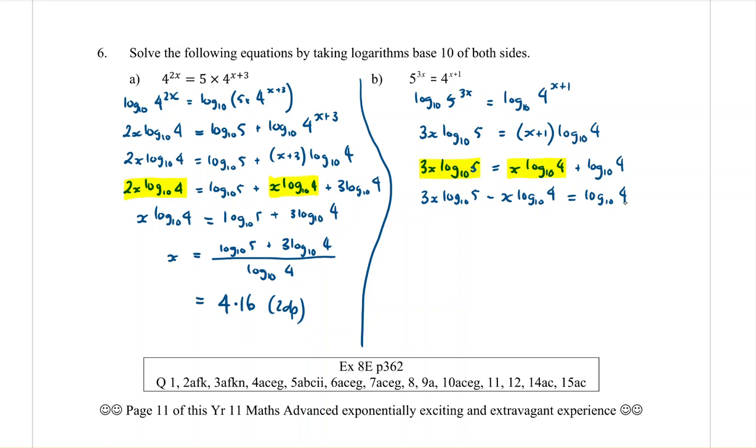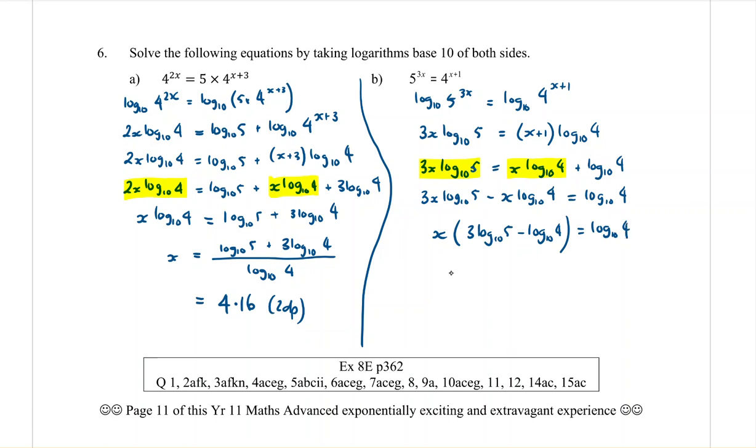So in this instance, to get just one x, I will have to factorize that x out of both of those terms. So x out the front, bracket, 3 log 10 of 5 minus log 10 of 4. It's not hard, it's just messy having to write these logs over and over again. And that equals log 10 of 4.